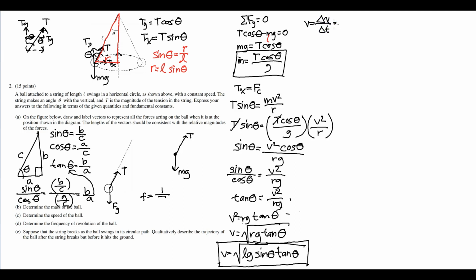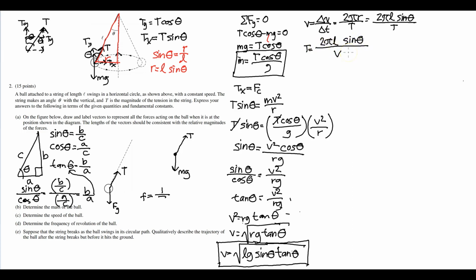The distance in 1 period, that'll be 2 pi r over t. And we know that r is L sine theta. So 2 pi L sine theta over t. Okay, so t is equal to 2 pi L sine theta over v.